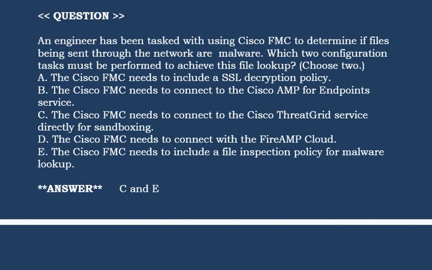Option C. The Cisco FMC needs to connect to the Cisco Threat Grid service directly for sandboxing. Option D. The Cisco FMC needs to connect with the FireAMP cloud. Option E. The Cisco FMC needs to include a file inspection policy for malware lookup. Correct answer is option C and option E.